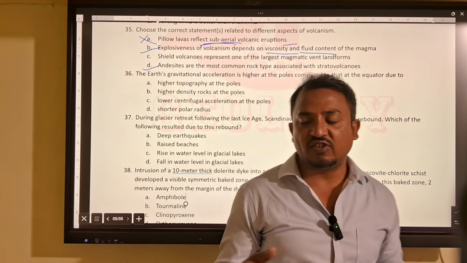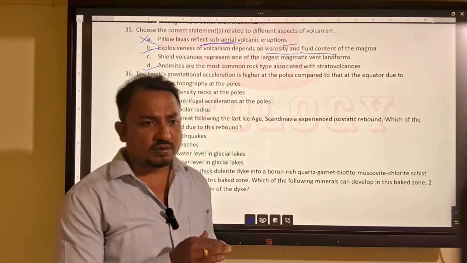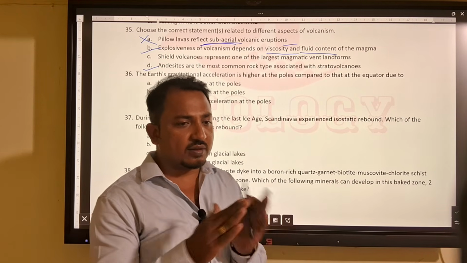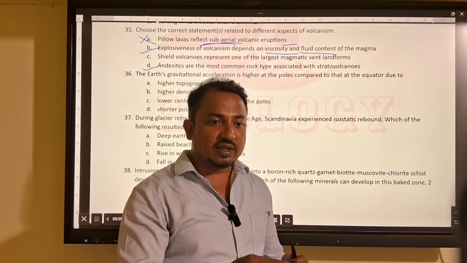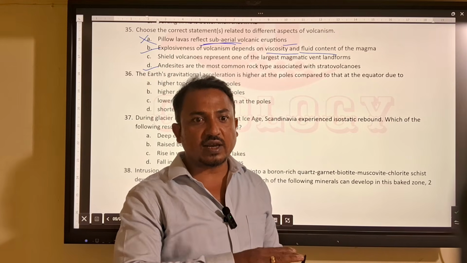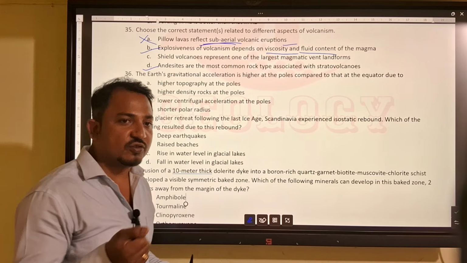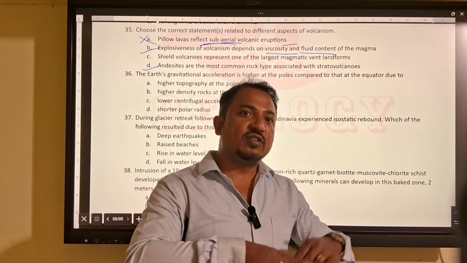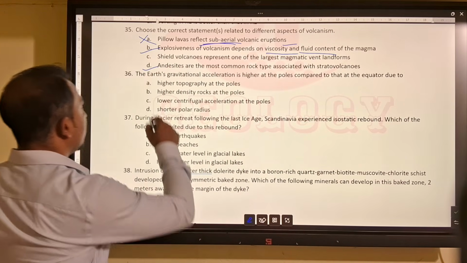So they have very little slope, around 5 degrees at the bottom and approximately 8 degrees at the top, so the slope is between 5 to 8 degrees. But it covers a very large area. It is very broad and looks like a shield, like the shield you use in war. The area is very large, but it has a very gentle slope. So that's why this option will be correct.